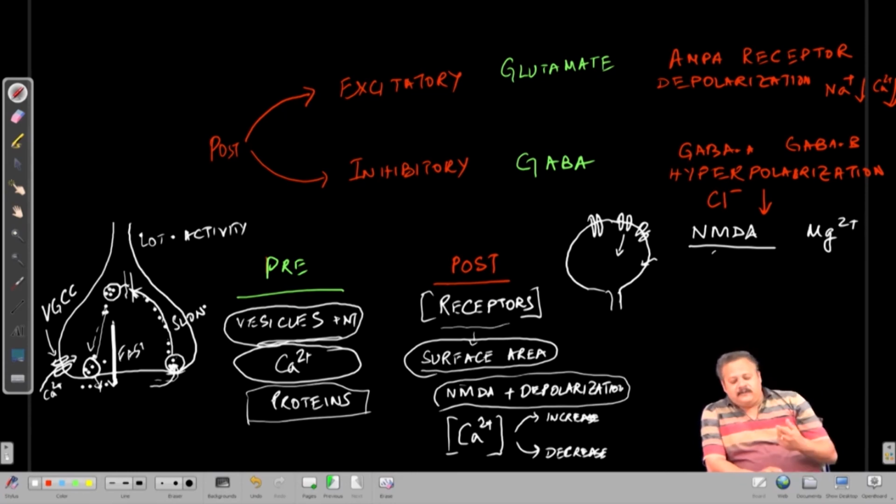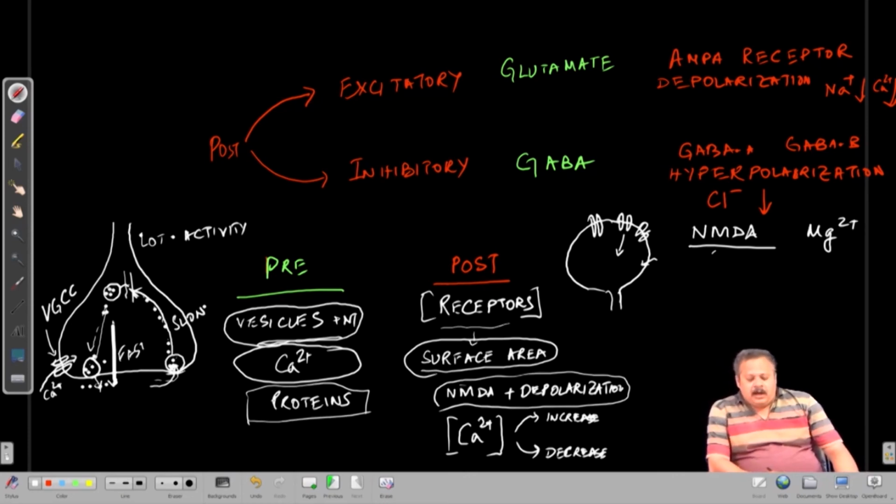Similarly, stopping of those processes and the ability to internalize more of the receptors through other proteins can also happen, and a reduction in synaptic strength can be achieved.